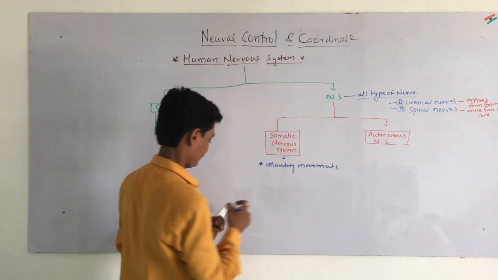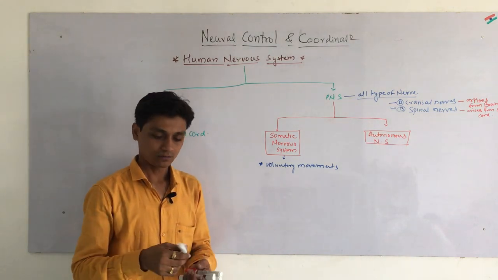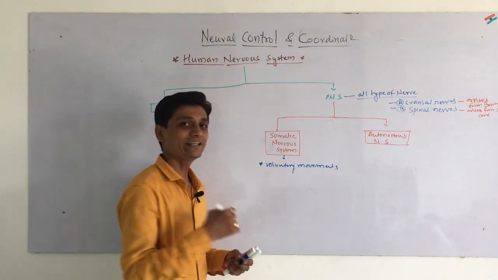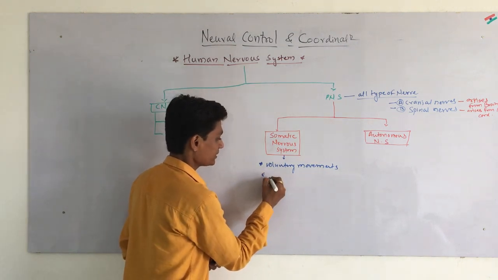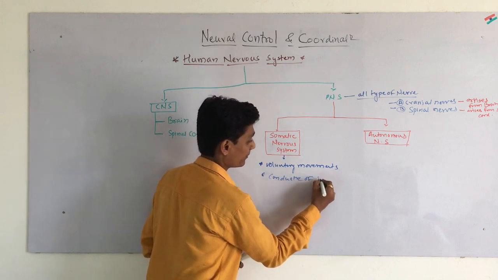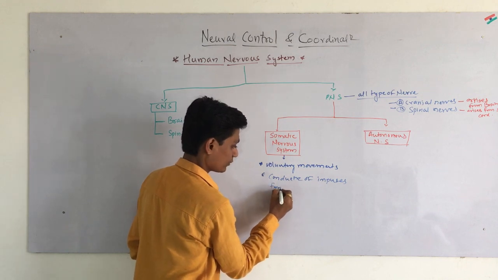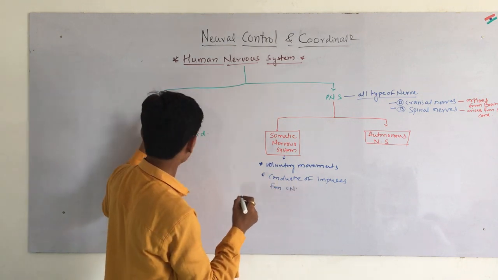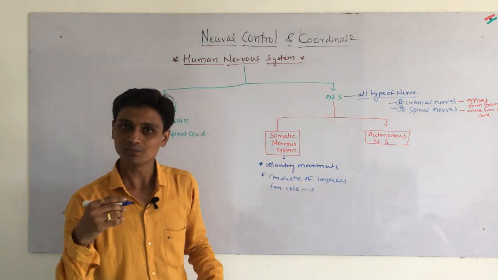Voluntary movements means it acts on the voluntary organs, or the conduction of impulses is from CNS to voluntary organ muscles.